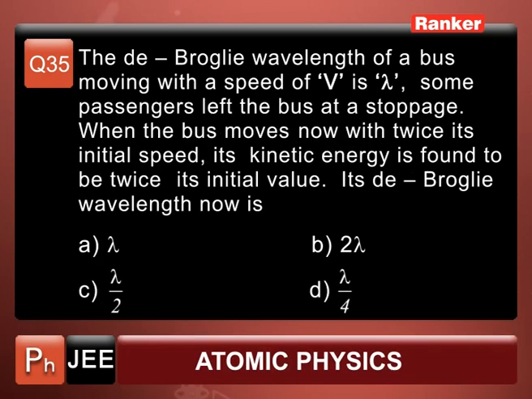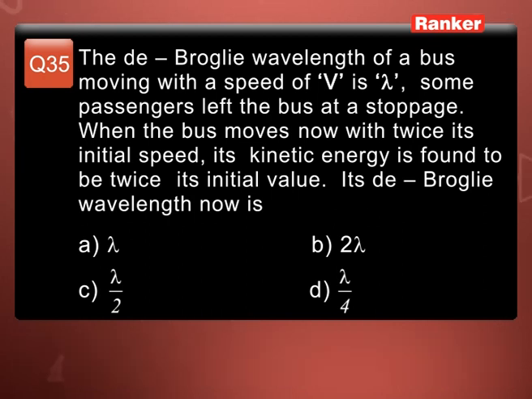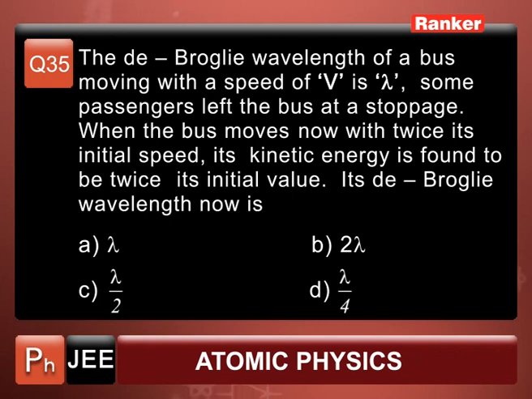The de Broglie wavelength of a bus moving with a speed of v is lambda. Some passengers left the bus at a stoppage; some people have got down. When the bus moves now with twice its initial speed, its kinetic energy is found to be twice its initial value.